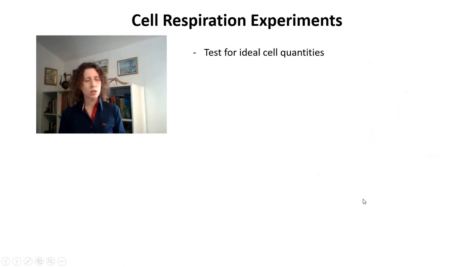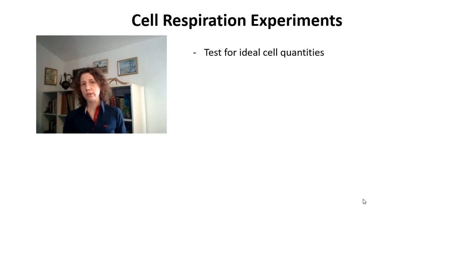Some things I want to comment about cell respiration experiments. First of all, and the makers of Seahorse tell you this all the time, you do have to do initial titration experiments. First, titrate for cell quantities. You want a cell quantity in which you can detect changes in oxygen consumption well, but they're not saturated, so if you have an increase in respiration, you can still detect this change.